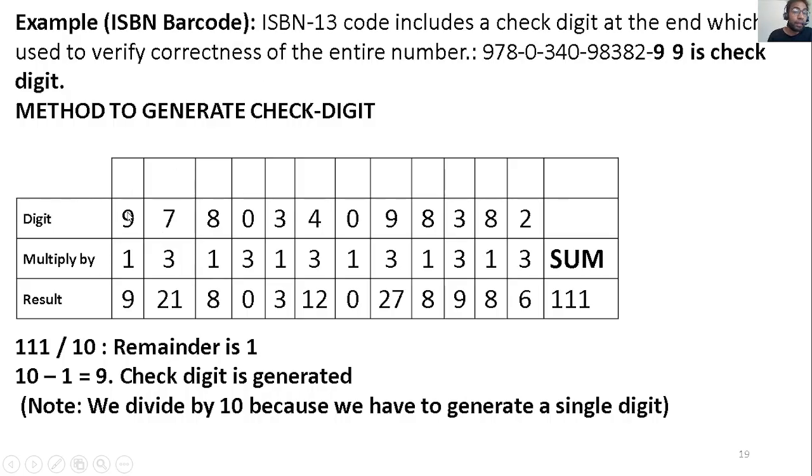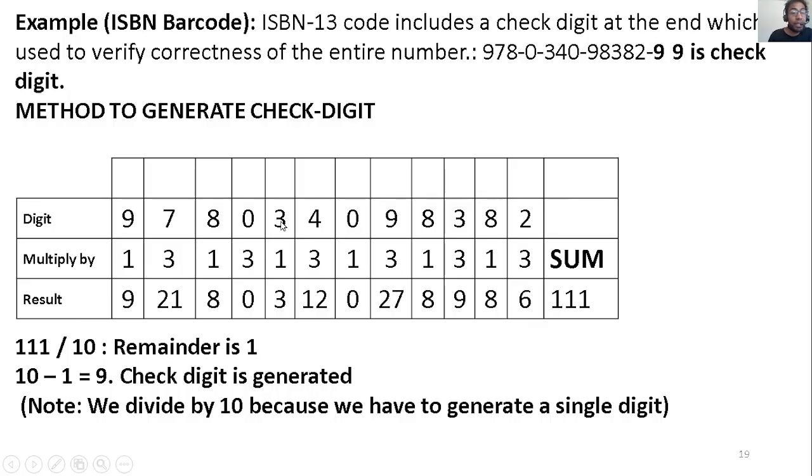You can say 9 multiplied by 1 gives the result 9, and 7 is at the second position, which is an even position, so multiplying by 3 gives us 21. Again, 8 is at an odd position, so it is multiplied by 1 and gives us 8. 0 is at an even position, so it is multiplied by 3 and gives 0.